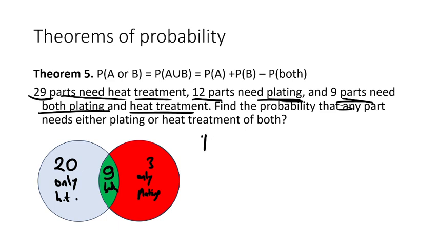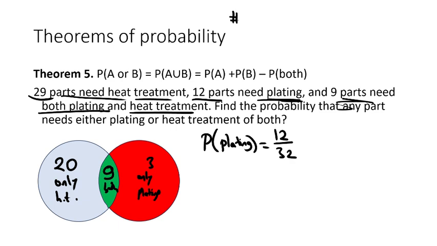If I ask you what is the possibility that it needs plating? It is 3 plus 9, which is 12, by the number of them. How many of them are there? 3 plus 9 plus 20 is 32. So you have to be careful here.